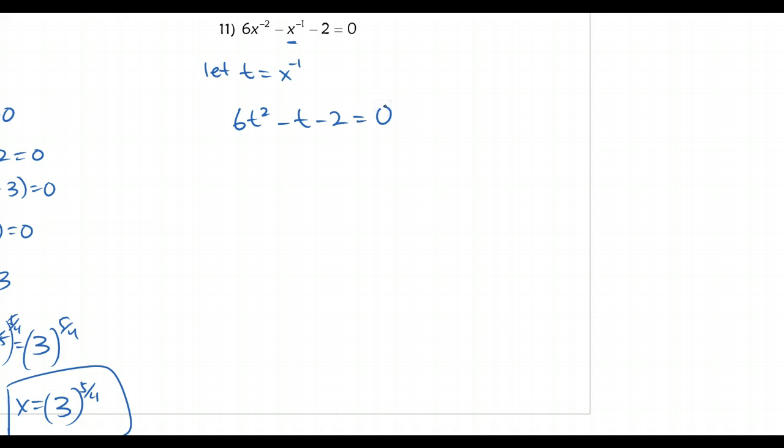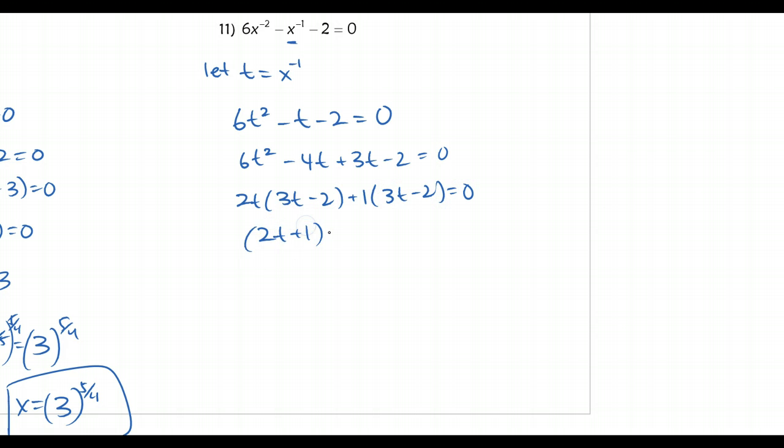I believe this one is also factorable, so I'm going to split this into 6t squared minus 4t plus 3t minus 2, and factor out a 2t, and factor out a 1 here, and I get 2t plus 1 and 3t minus 2 as my factors, linear factors for this quadratic here. And now I solve, and I have t equaling negative 1/2 and t equaling 2/3.